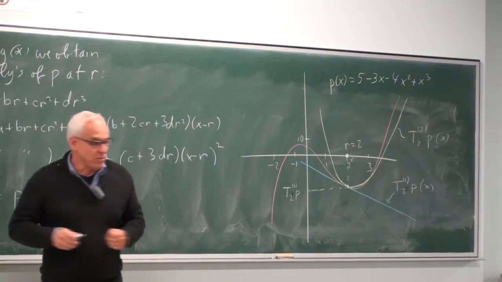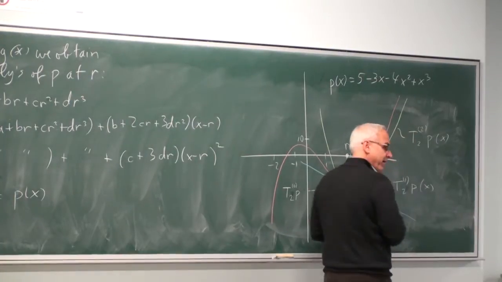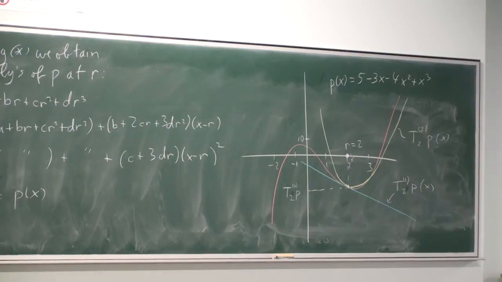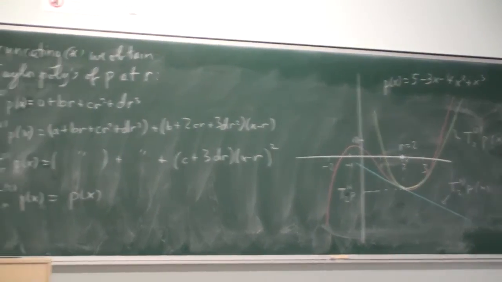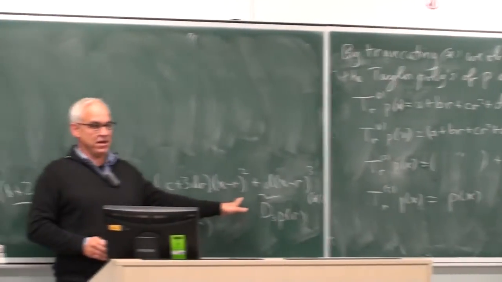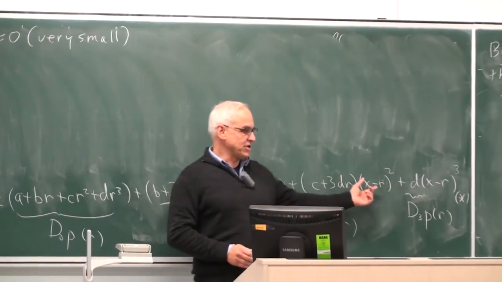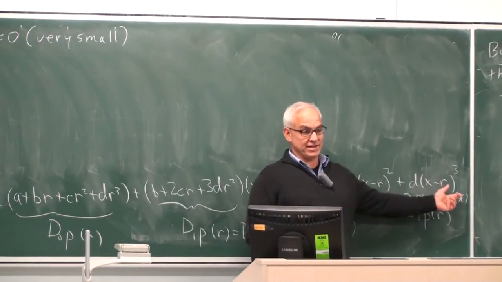On the other hand, if you zoomed a little bit further away, so you go back a little bit further, so that now not only is x minus r visible, but x minus r squared is also visible. Maybe x minus r is now a thousandth, and a thousandth squared is a millionth. Maybe you can see that. But a billionth you still can't see.